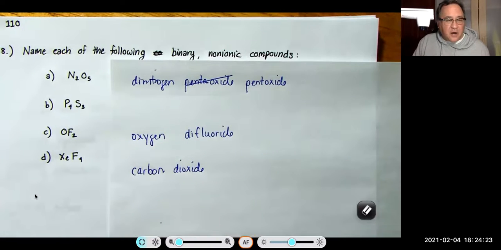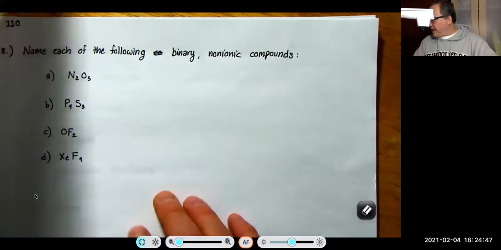You don't use mono for the first element. That's the difference in prefixes between the 2. Don't use mono for the first. Always use a prefix for the second. So that can be a little confusing, but this is the way we've been doing it for decades. Okay, let's move on from that one then.